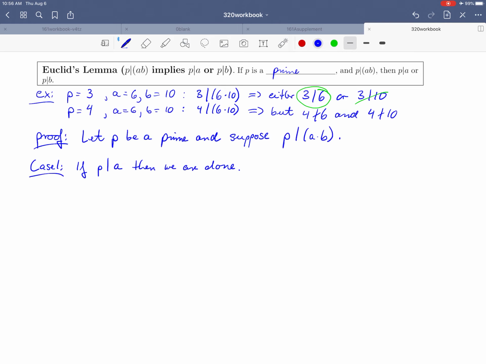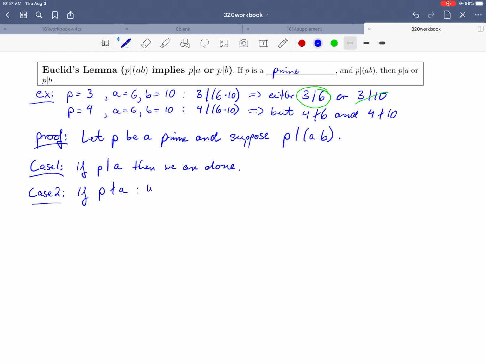Seems a little bit like cheating, but it's something that we can consider. If P already divides the first one of our two integers, then the conclusion is true and there's nowhere we need to go. The more interesting case is case 2, and that is if P doesn't divide A. Then what?